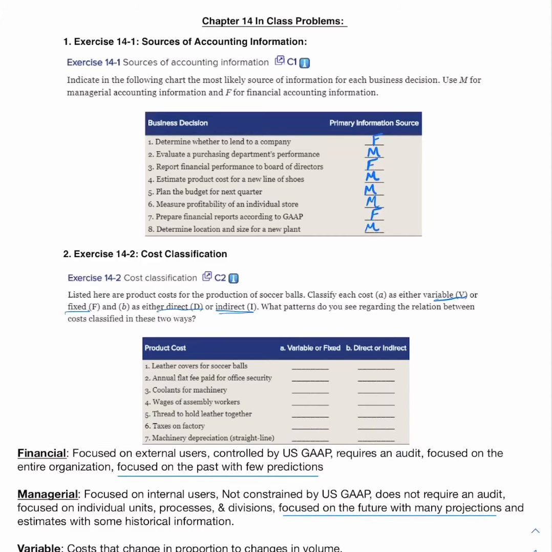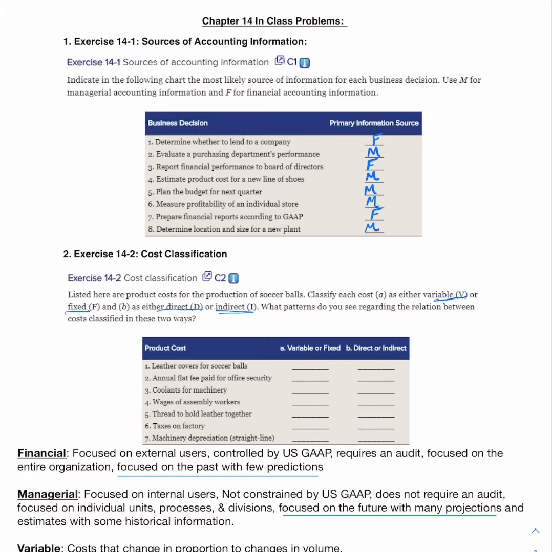I could absolutely trace how much glue I put into every single product, but if glue is a small component of that product, it's probably not worth my time. Instead, I'll look at something using variance analysis that we'll get to later in the semester that'll help me figure out where I'm using my money and where my resources are going. But it might not make sense to try to track down exactly the cost of the glue in each pair of whatever product you are producing.